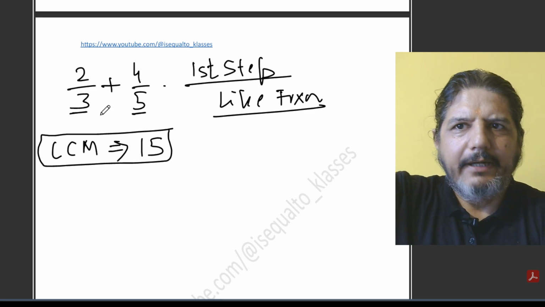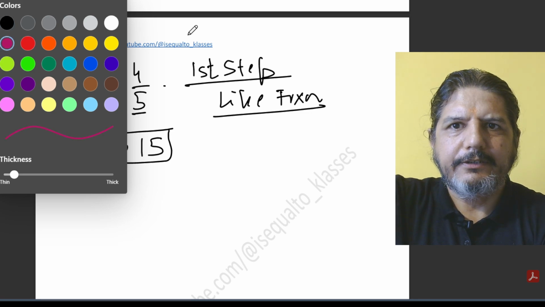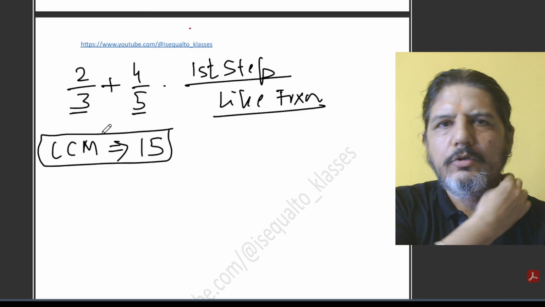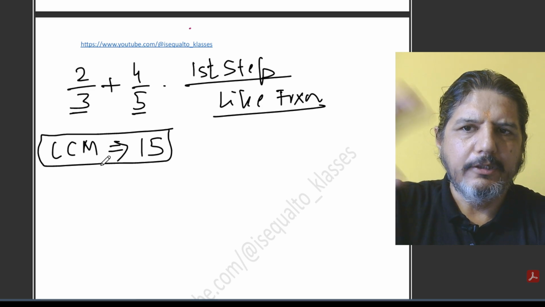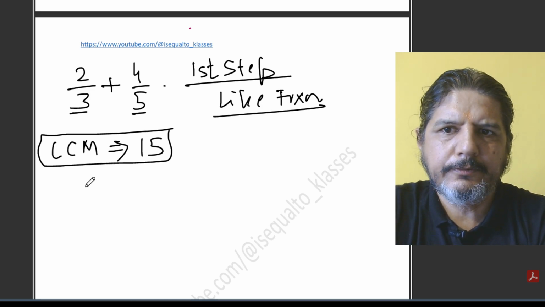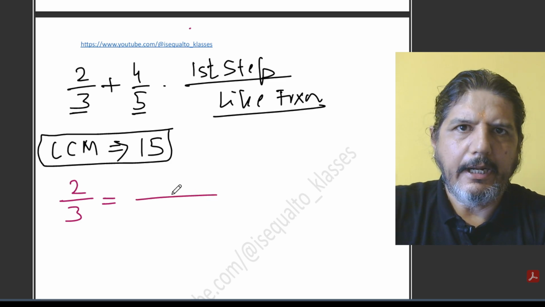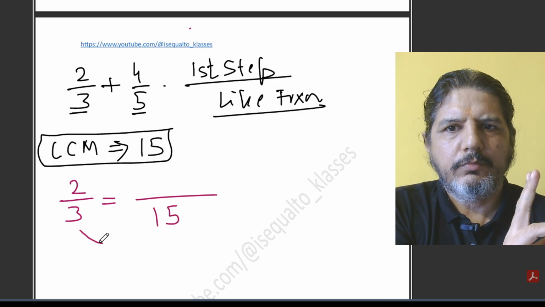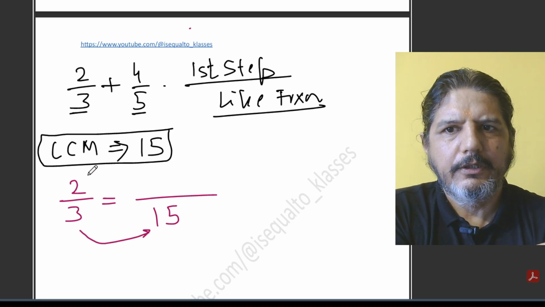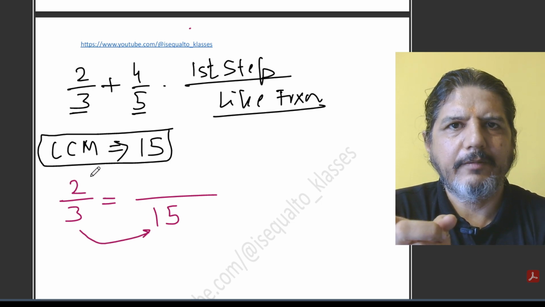Now, I have to make this fraction 2 by 3 into an equivalent fraction so that the denominator is 15. What I am trying to tell you is that I have to convert this 2 by 3 into its equivalent fraction with the denominator 15. So 3 5s are 15, so the same number has to be multiplied by the numerator also.